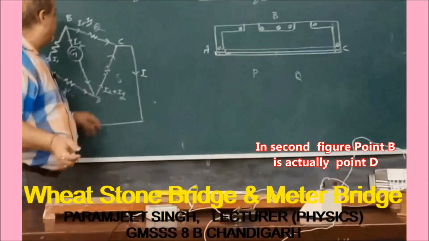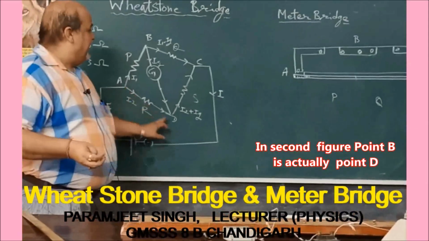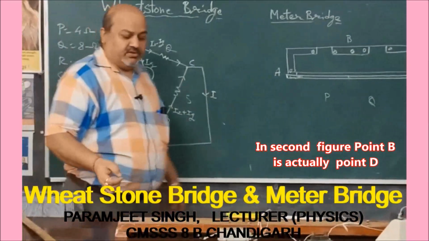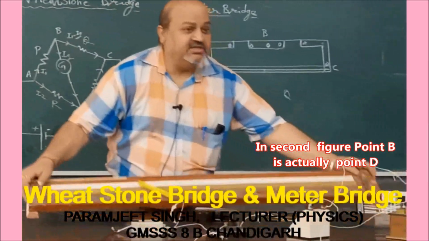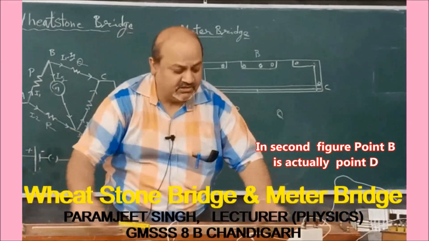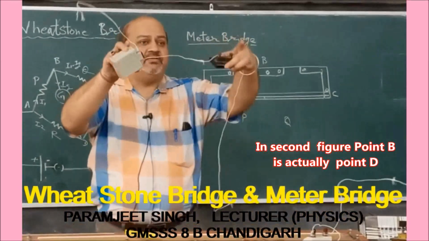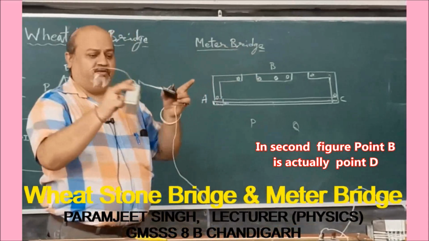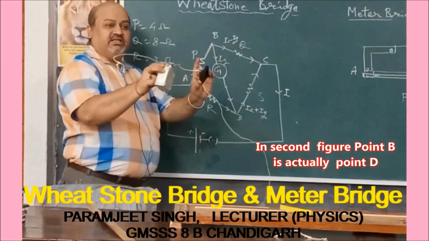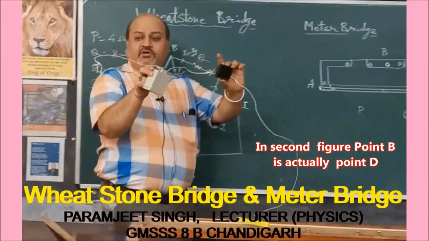Taking another side, between A and C I have to apply the voltage. Between these two extreme ends, I will apply voltage through a battery and key. This is the key, this is the battery, and wires are there. I only have to connect these two ends.